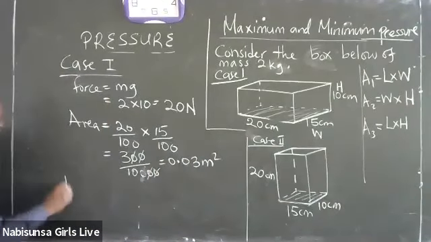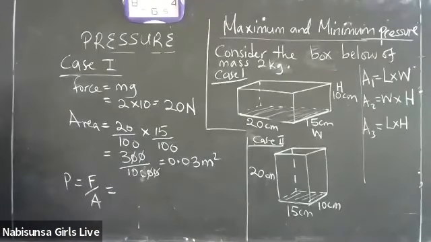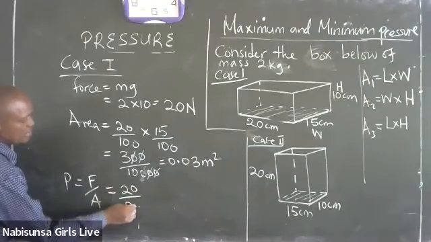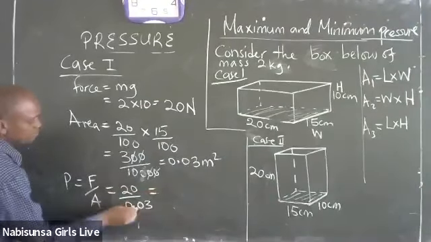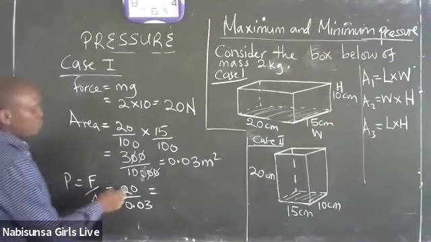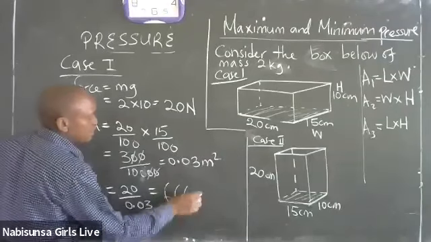That is the area. So the pressure is force out of area. The force is 20, the area is 0.03. What do we get for this case? People with calculators, what do we get? 666.67.